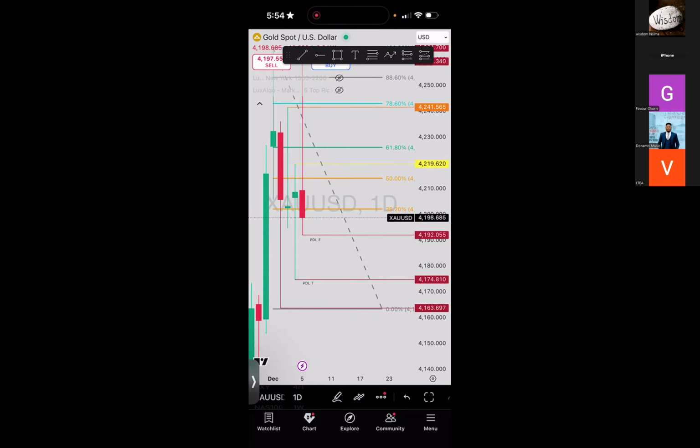Is it not the same thing everybody is using? Market structure shift, then price comes here and you sell, or change in state of delivery, then sell or buy. It's the same thing, but the analysis is wrong. Just because it gave you a wrong point of interest in your discount, you want to sell, instead of waiting for price to come to your premium. Those are things you have to work on.